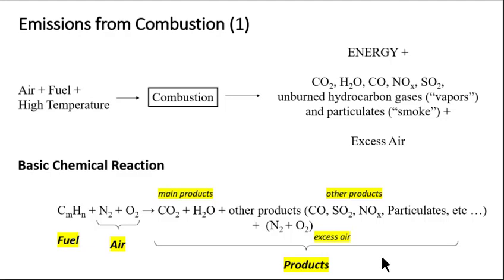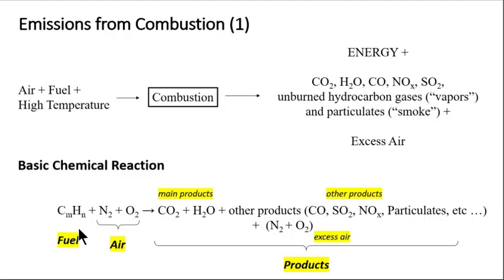We indicate a hydrocarbon fuel as CmHn, where m and n can be any number unique to the particular hydrocarbon fuel. For example, if m equals 1 and n equals 4, we have C1H4, or CH4, which is methane.